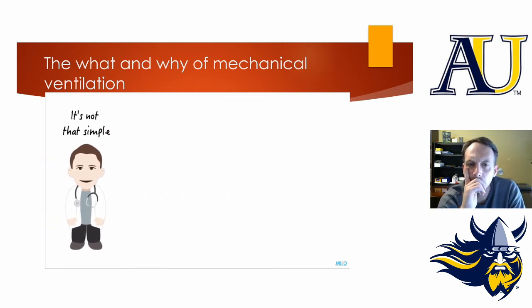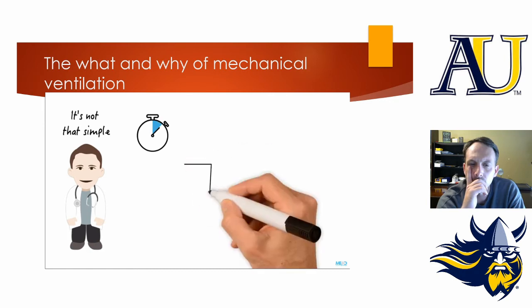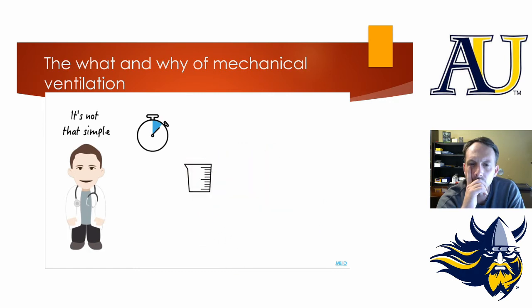For example, in terms of duration, how long should an inhalation last? 0.5 seconds? 1 second? 2 seconds? Or how much volume should the patient receive? 100 milliliters? 1,000 milliliters? And how often should the patient receive the volume? 10 times per minute? 20 times per minute? And by the way, what oxygen concentration should you give the patient?